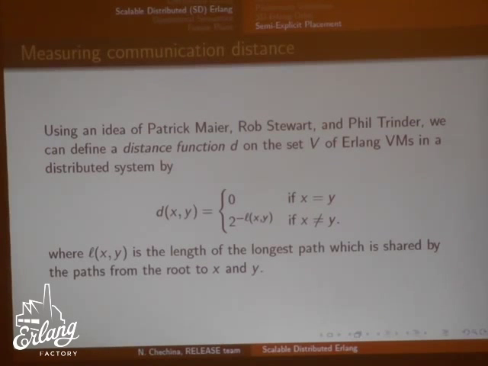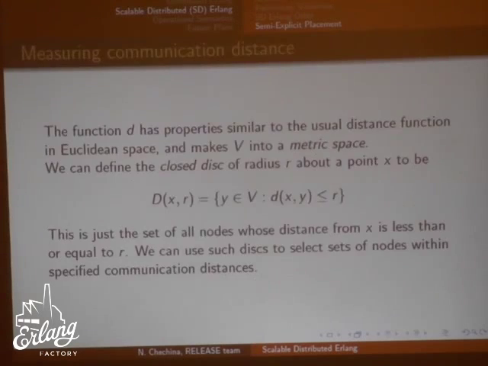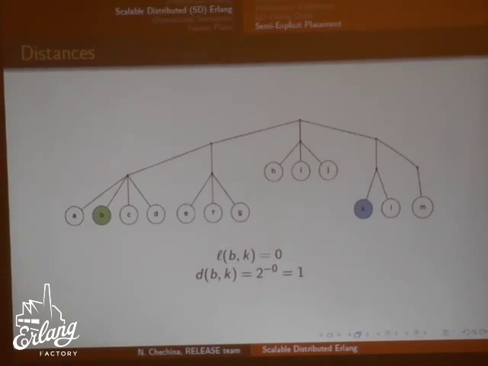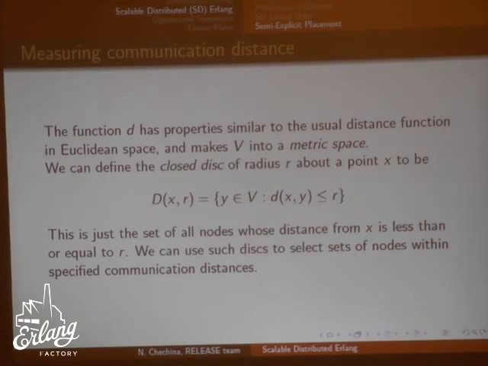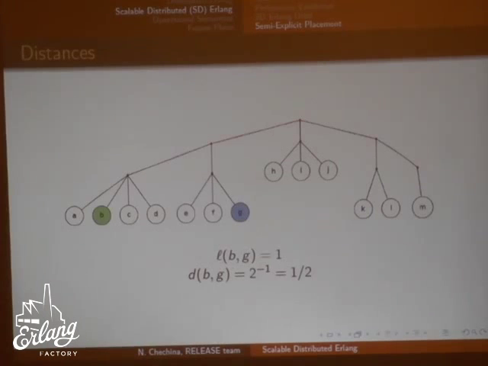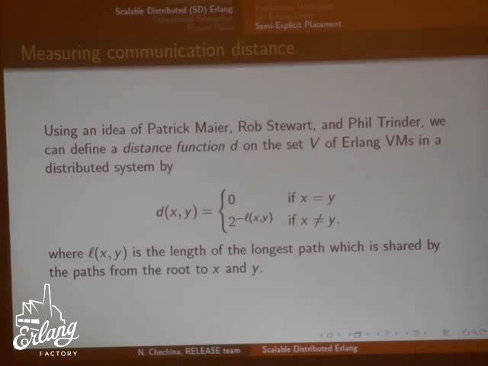And what we do is we work with a metric system, which is close to, I forgot its name, yes, Euclidean space. So it means that we can define the distance, and here we go from the root.